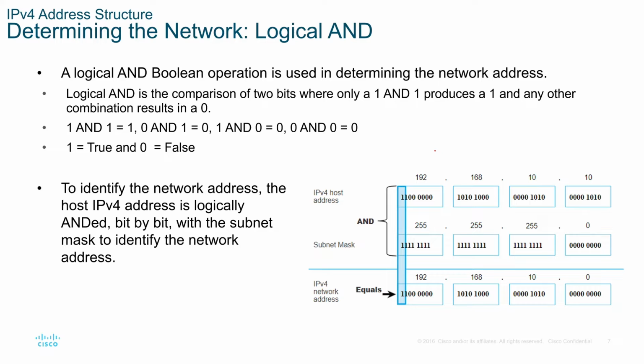As I explained earlier, in an AND function, a 1 and a 1 will give us a 1. A 1 and a 0 is a 0. A 0 and 1 is 0. Any 0 in is equal to a 0 out.